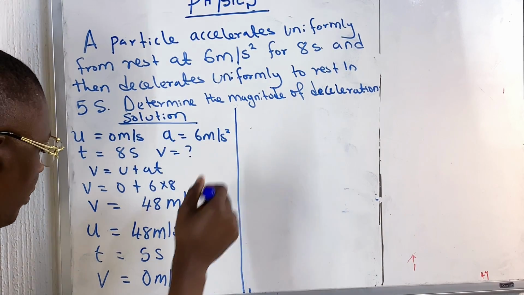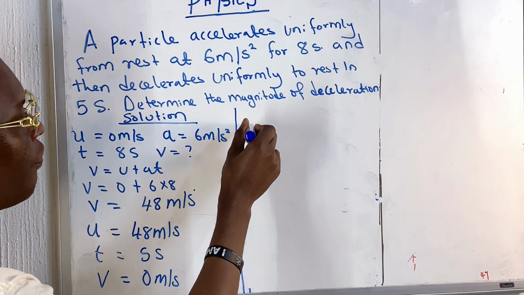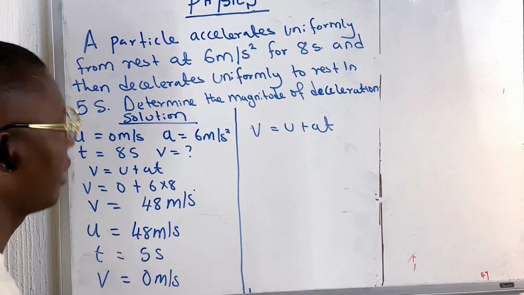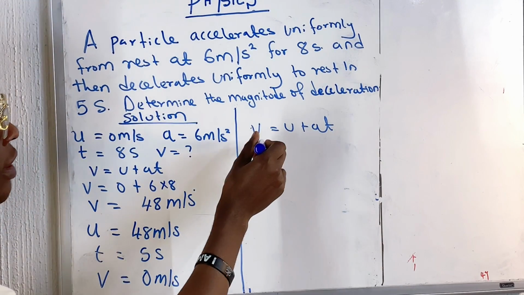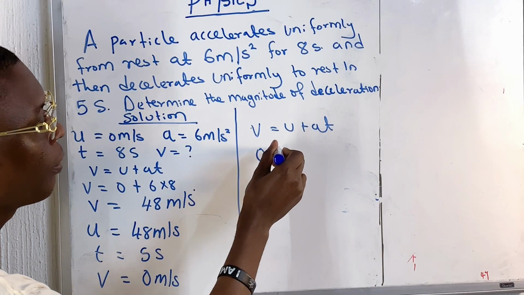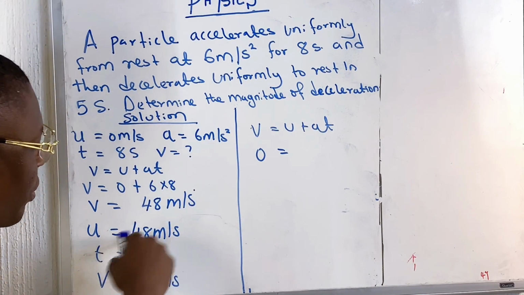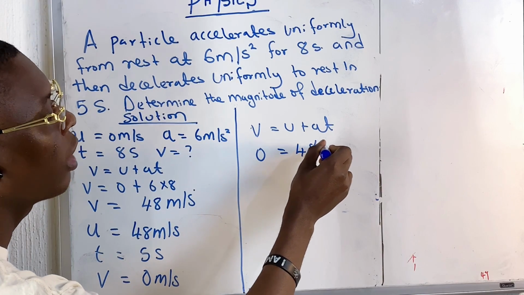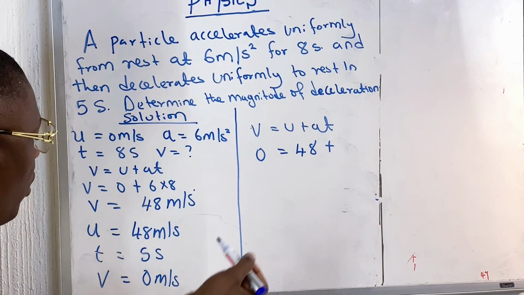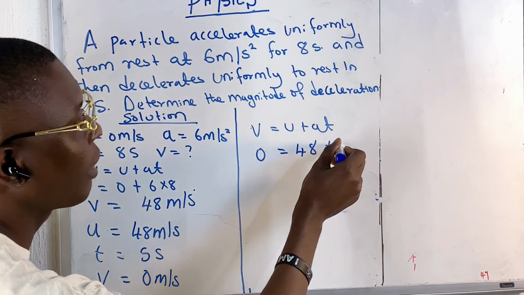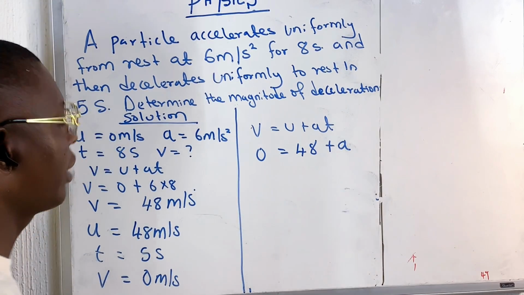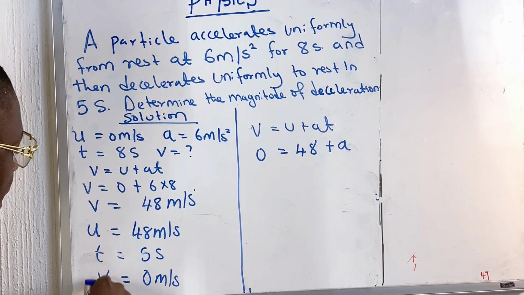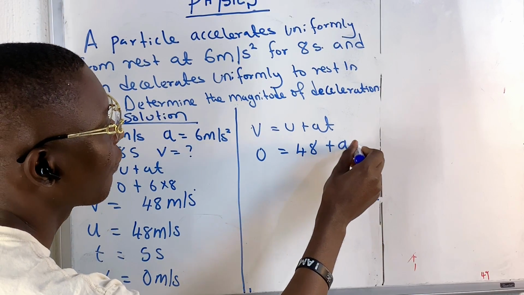Which equation do you think will be suitable for this? Using v again is equal to u plus at. Now substituting what we have here, v becomes 0 is equal to 48 plus, at this point we are looking for acceleration because we don't know the acceleration as it is coming down, a times the time, which is 5.